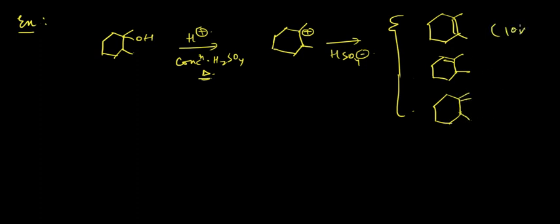If you talk about the number of alpha hydrogens, in this case it is 6 plus 4, 10, in this case we have 2 plus 3 plus 1, which is 6, and in this case we have 2 plus 1, which is 3. Obviously this would be in more yield, but we are just talking about the potential products. So this was just an example I wanted to show you, that three products can be formed. Obviously this would be in major yield.